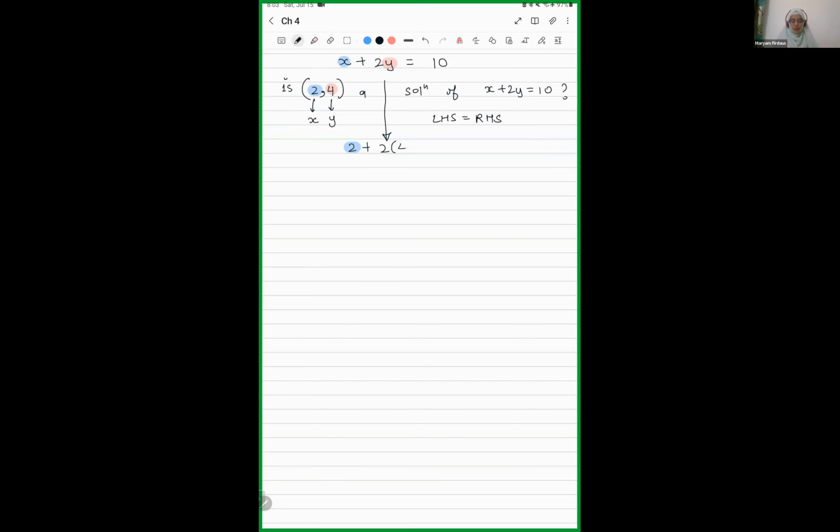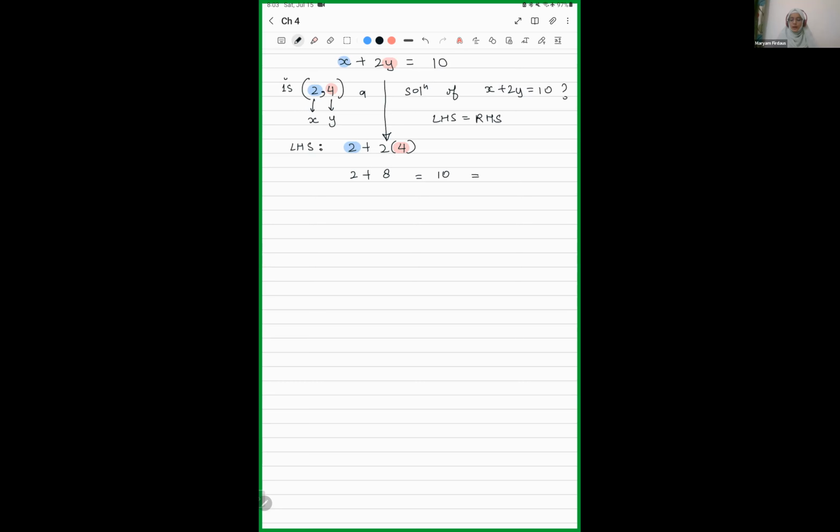So 2 multiplied by 4. This is the LHS, the left hand side of the equation. 2 plus 2 multiplied by 4 gives you 2 plus 8, and 2 plus 8 is 10.